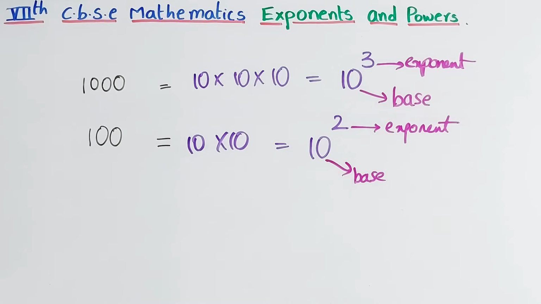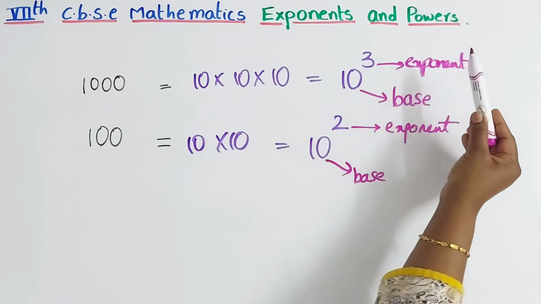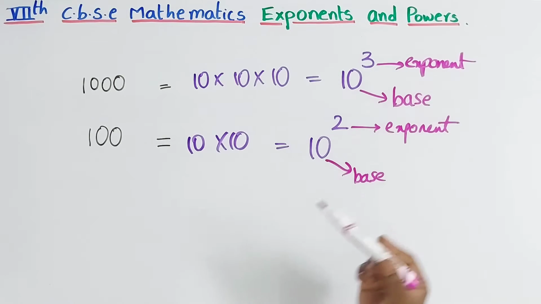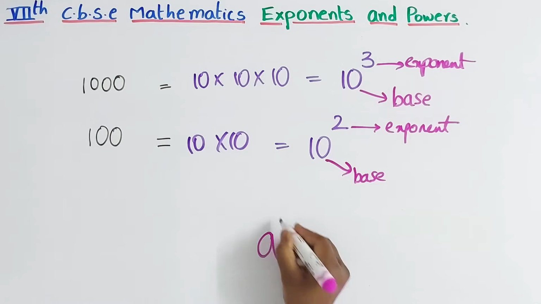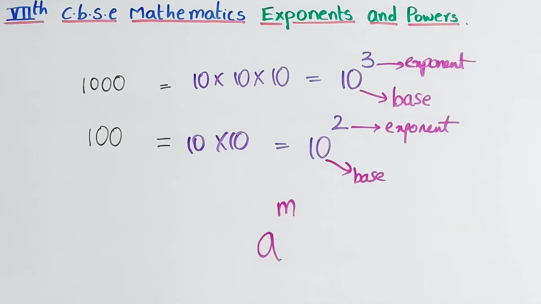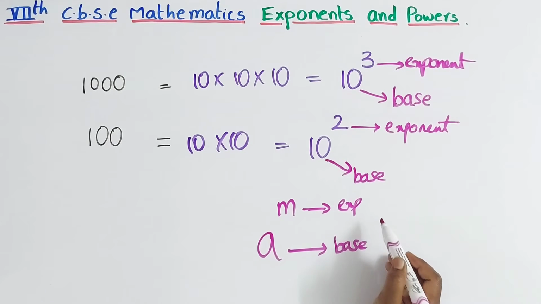What is the difference between exponent and power, children? The exponent is power raised to the base number. Right, children? Here a power m. Think a power m is exponential form. This is exponent and this is base. The exponent is the power raised to the base number.